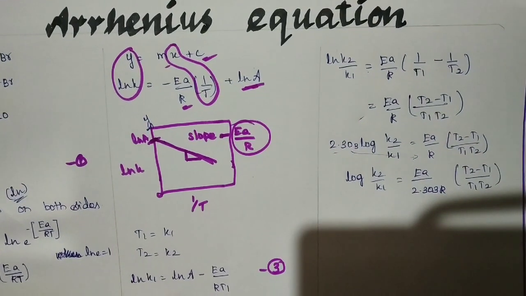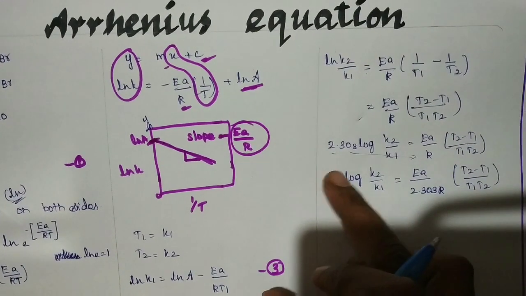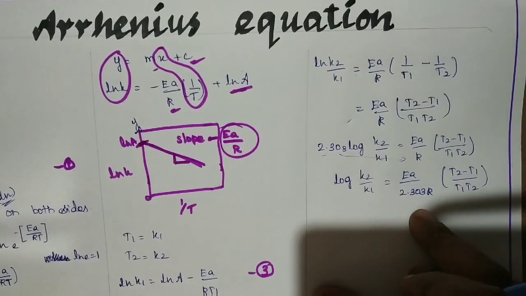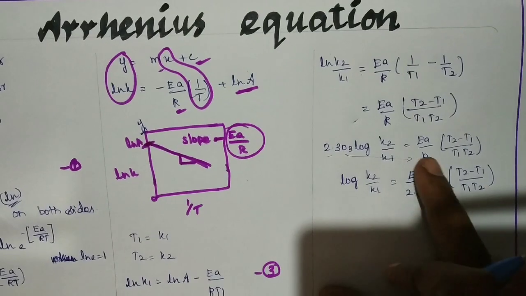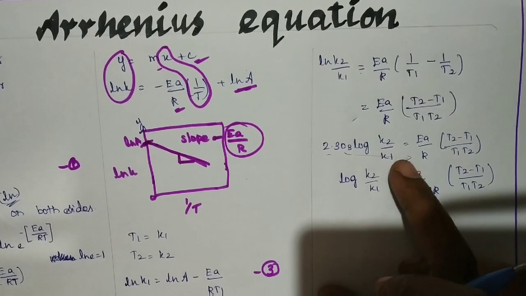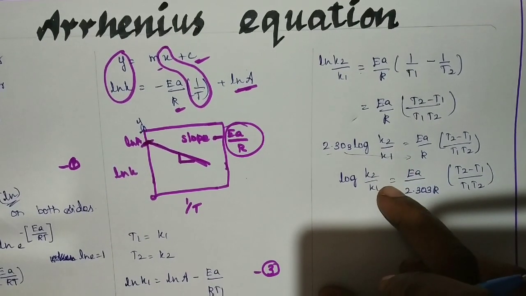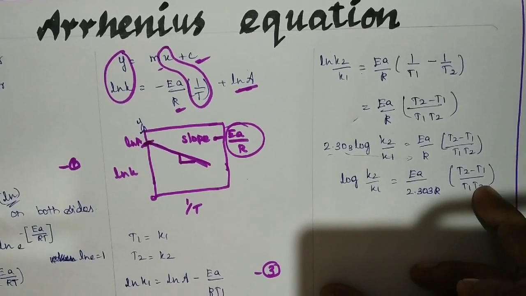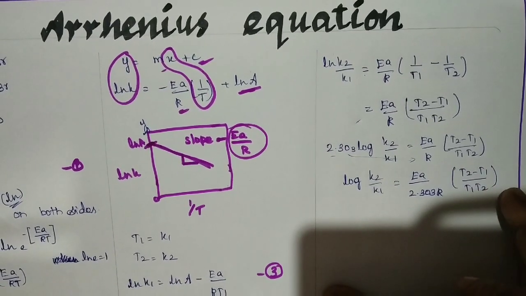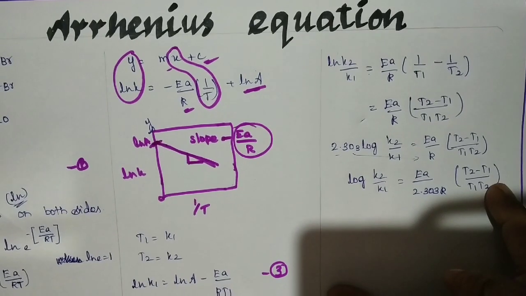This equation can be used to calculate Ea and the rate constants k2 and k1 at temperatures T1 and T2. This is the Arrhenius equation.